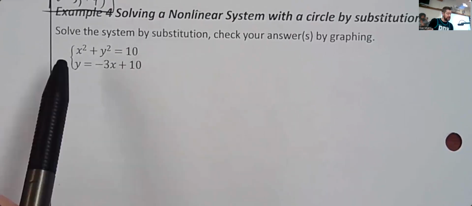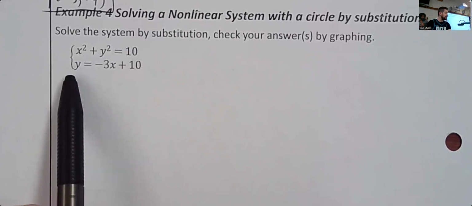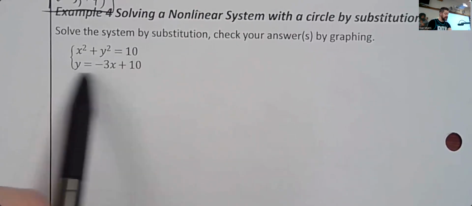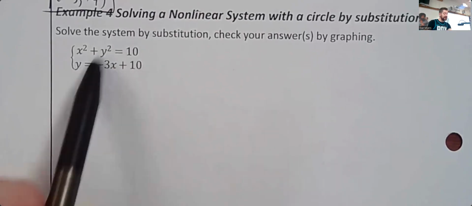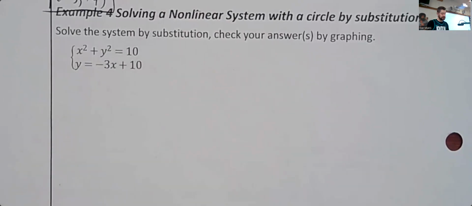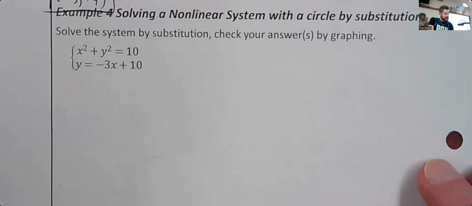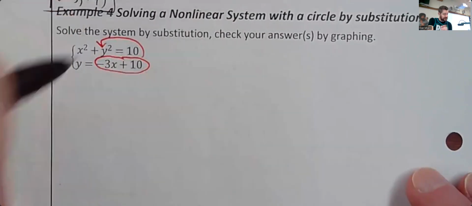The math on this one, though, is going to be the same as what we did on the previous page with substitution. Because this y is already solved for, it's a linear equation, so we can take the value of y and substitute it directly into the top equation. So take your value of y, which is negative 3x plus 10, and substitute it in for y up here.